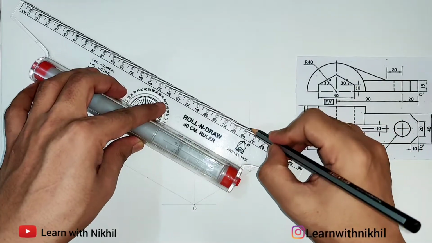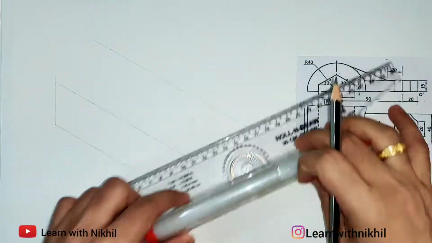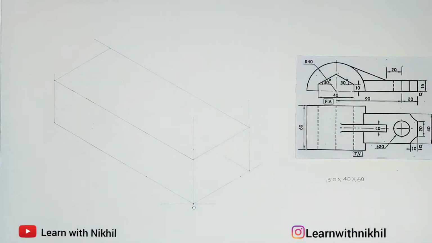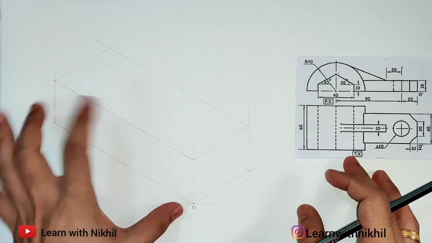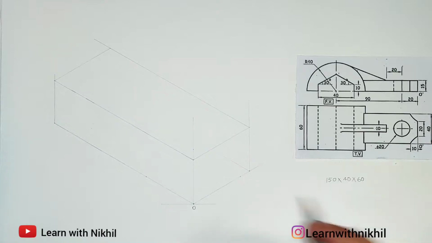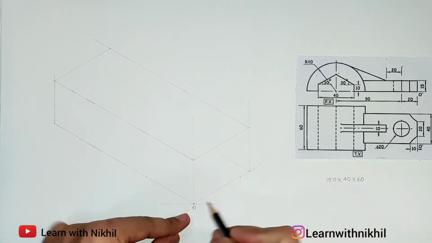This is really important, as drawing this rectangular box will ensure that our isometric figure will be inside this box only. Now after drawing this box, we'll start with the sum. We'll begin with the point O.